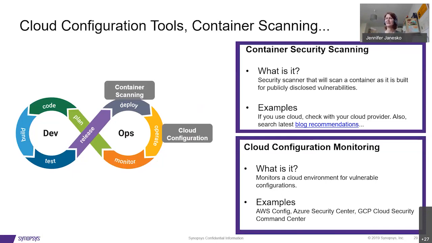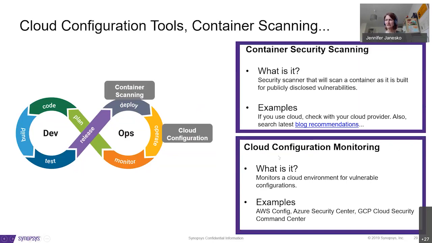And it might be the easiest way to get set up. I've put a little link here to a blog that actually has both Kubernetes and Docker scanners. If you're interested in looking at those, go for it.